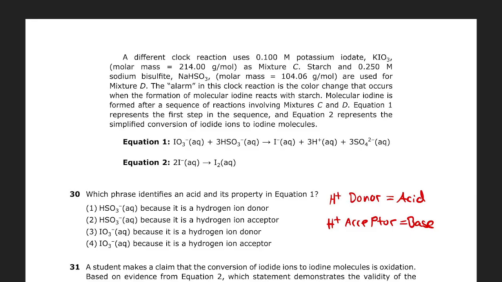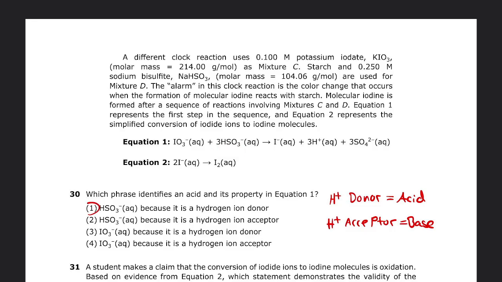Okay, so let's go ahead and assess the answer choices. So is this an acid? Well, we have HSO3 minus, and then that is going to become SO4 minus 2 and 3 H pluses in solution. I am thinking that this is donating hydrogen ions, even though we don't see where they're going. It's really the only thing here that actually has hydrogen ions to release.